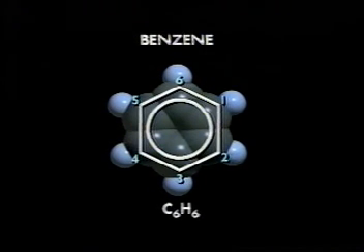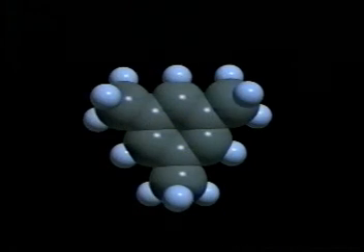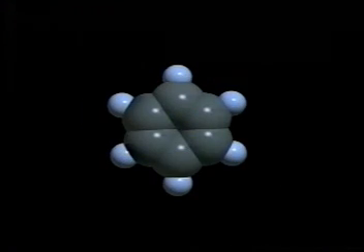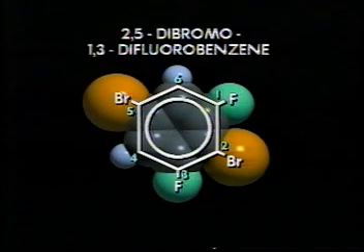To name groups or elements added to the benzene ring, it is numbered similarly to a chain. With 3 methyls we have 1,3,5-trimethylbenzene. We could produce a compound 2,5-dibromo-1,3-difluorobenzene.